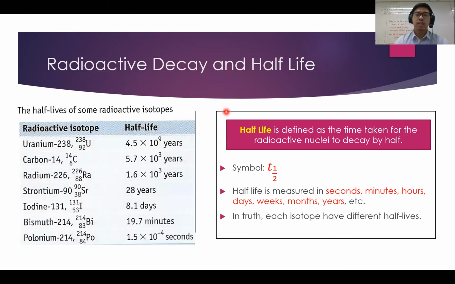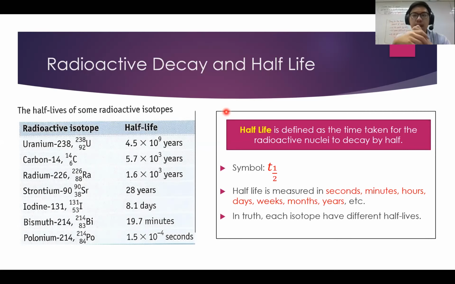Okay, so that is the end of this lesson. In this lesson, we have covered what is half-life. Remember, half-life is a quantity of time, the time it takes for the radioactive nuclei to decay by half. To find half-life, you figure out when it becomes half.